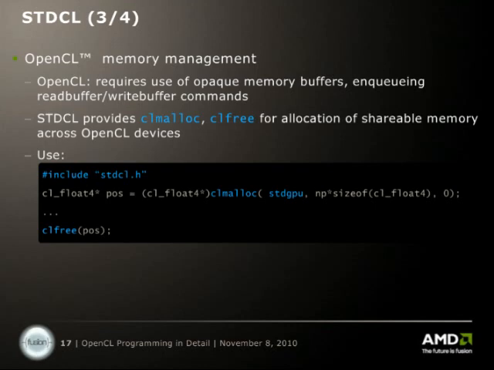And so what clmalloc is really doing is creating those memory buffers for you and helping manage them for you. So you can use the clmalloc memory in exactly the same way that you would use ordinary memory that you might obtain with the malloc call.